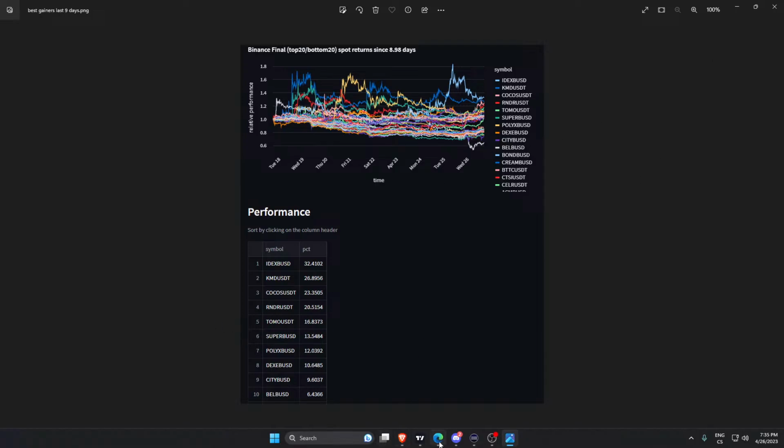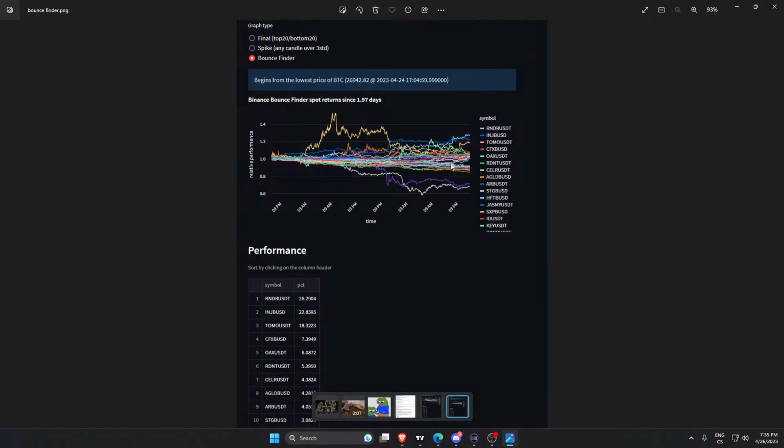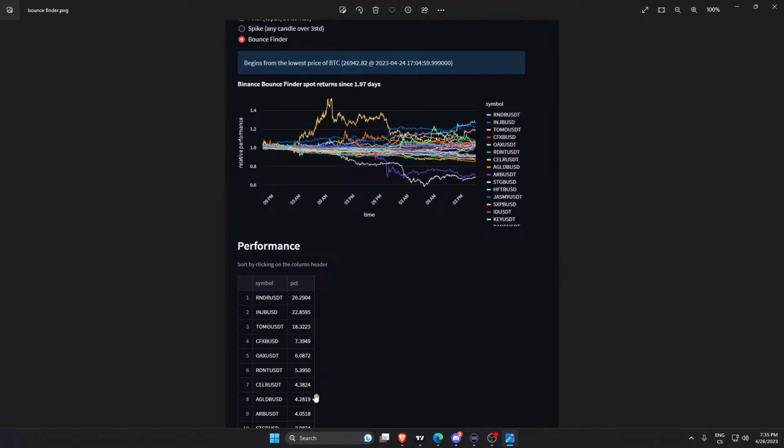But the other one I wanted to show is this. This is great because it shows basically the biggest bounces since the Bitcoin bottom, which was just under 27k. So again, we have RNDR, our favorite coin of Adam, that he did not long.